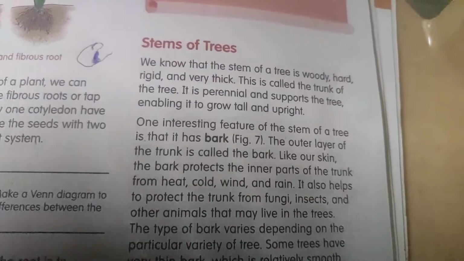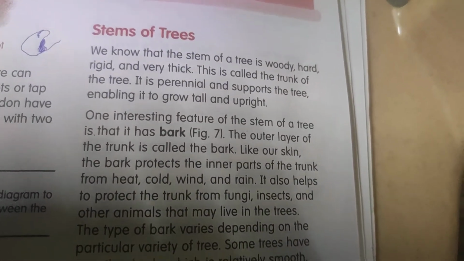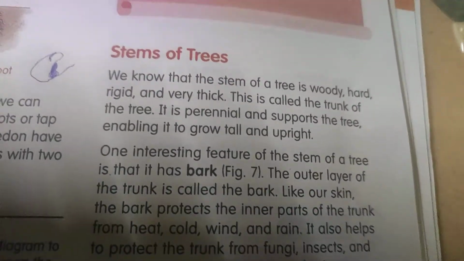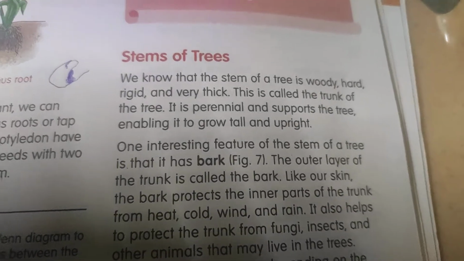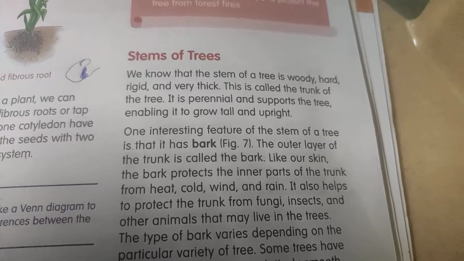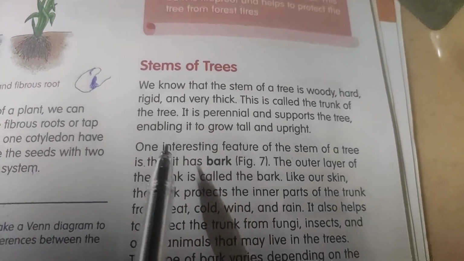See, stems of the lower plants only we have seen before. Very soft, green color, tender, you can break. But when you come to the trees, they are not like herbs. The trees will have a very thick coating and it will be woody and very hard. Rigid means very tough and very thick.